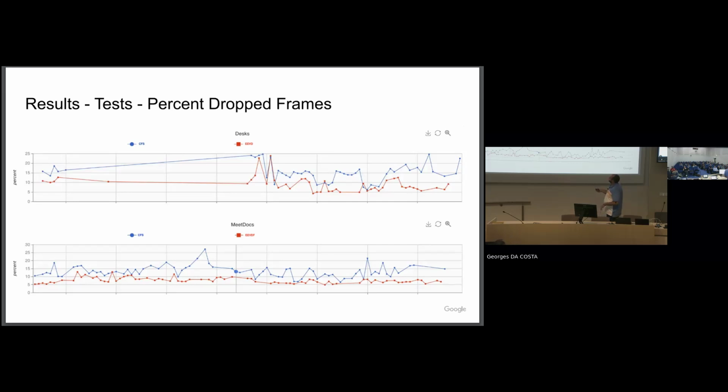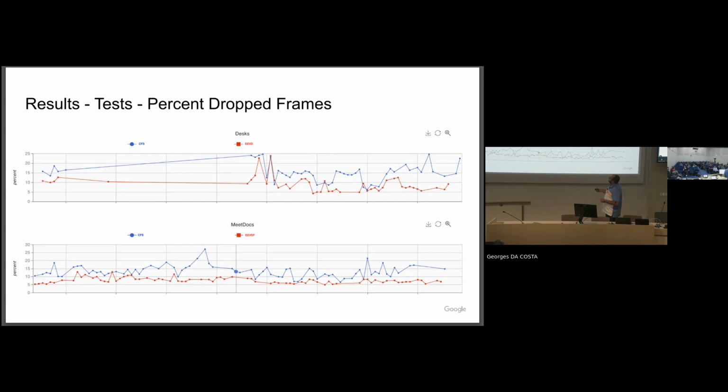This is percent dropped frames specifically. The blue line is the regular CFS and the red line is EEVDF with our settings. So no eligibility. It was a lot harder to compare all three, where you have vanilla EEVDF and EEVDF with our settings. So right now we just compared CFS and EEVDF.